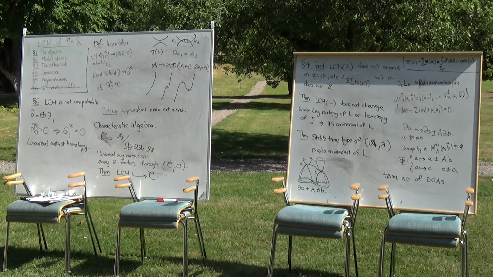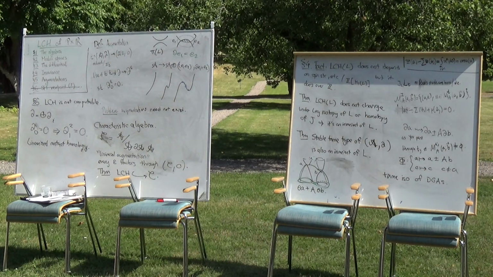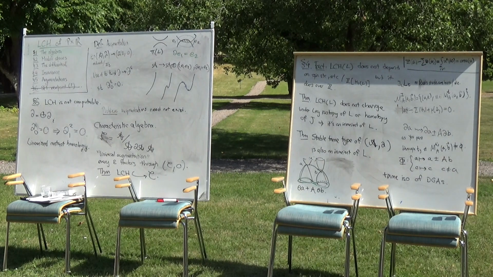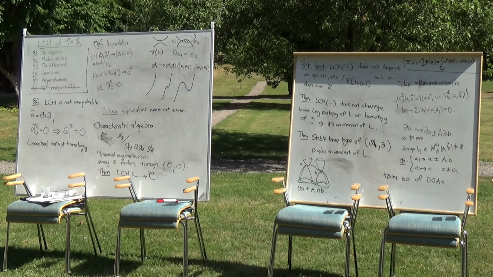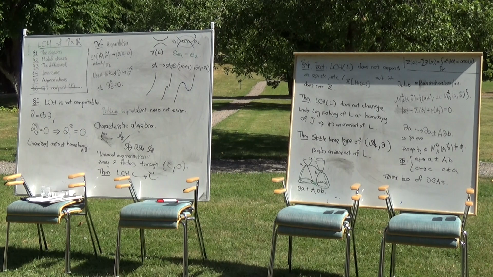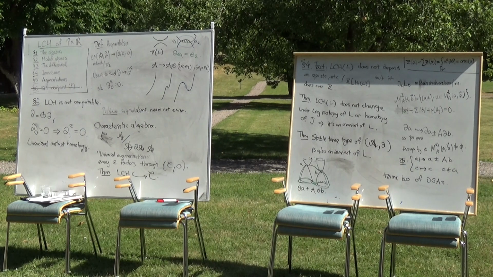The problem is that over Z you cannot twist by that factor. Changing a spin structure is a class in H1 of L with Z2 coefficients, right? Any such class gives an automorphism of this base ring by either keeping each generator or negating it.